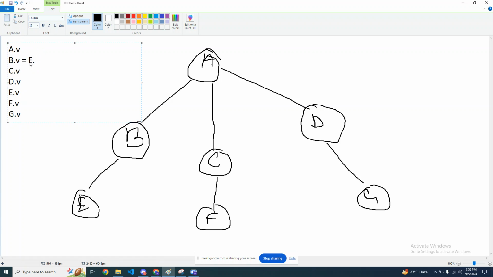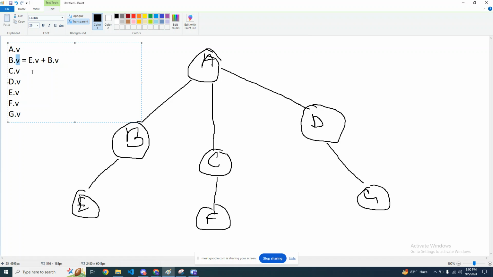Now suppose the value of b.v is being calculated like this: e.v plus b.v. Here this v attribute is an attribute, right?